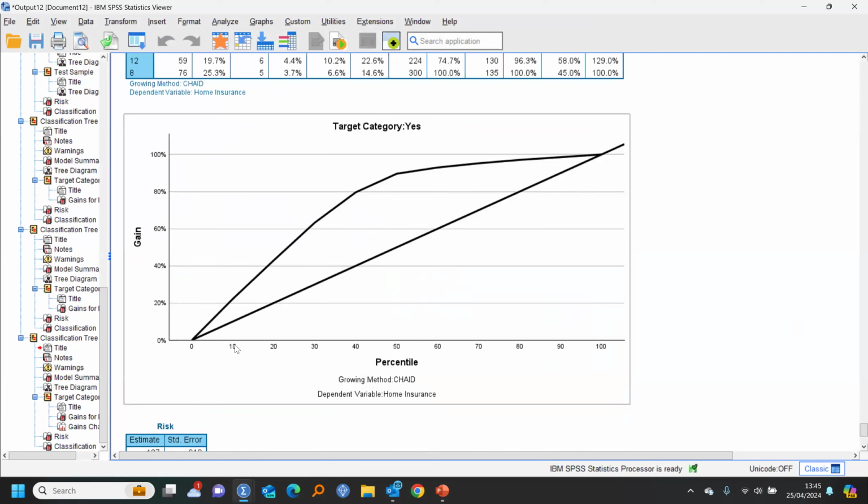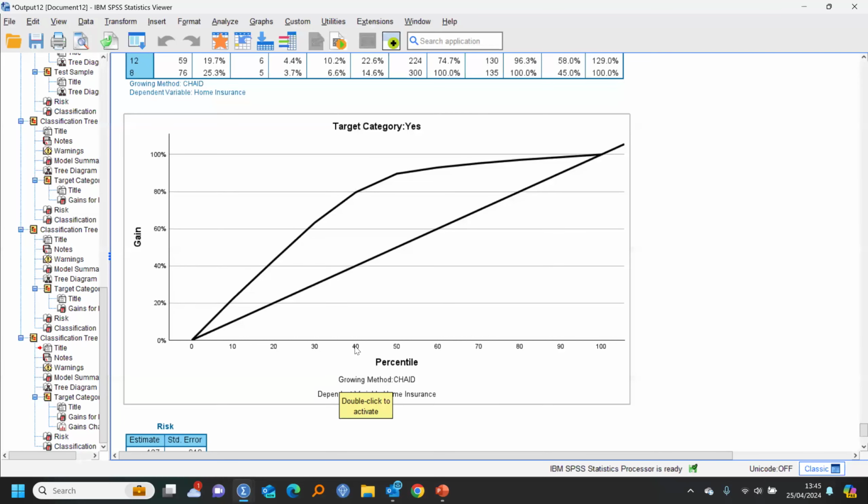It's saying, let's say I only have budget to target 30% of the customer base for my offer, to try and get people to buy home insurance. If I could target the best 30% of the customer base using this decision tree, what proportion of the people who would buy home insurance would I expect to find? Well, if I look that up, it says you'd find 60% of them.